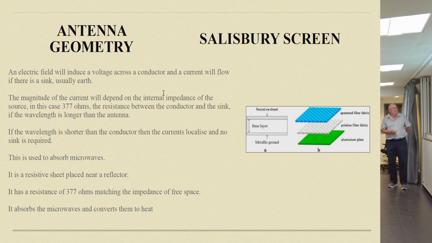So now, if the wavelength is shorter than the conductor, which is what these are used for with microwaves, then you do get voltages, but they become very localized. This is one of the things about this Salisbury screen. They become very localized, and they kind of whiz around, as it were.